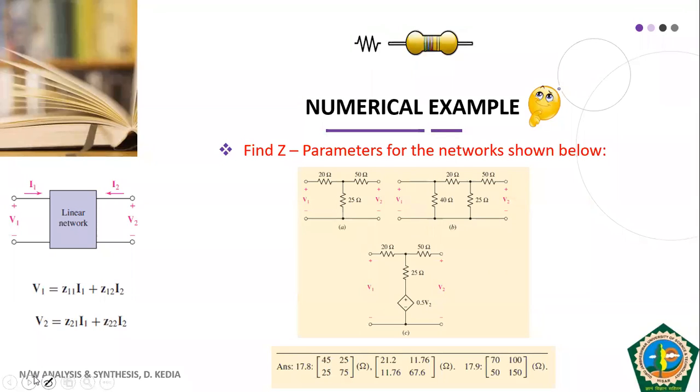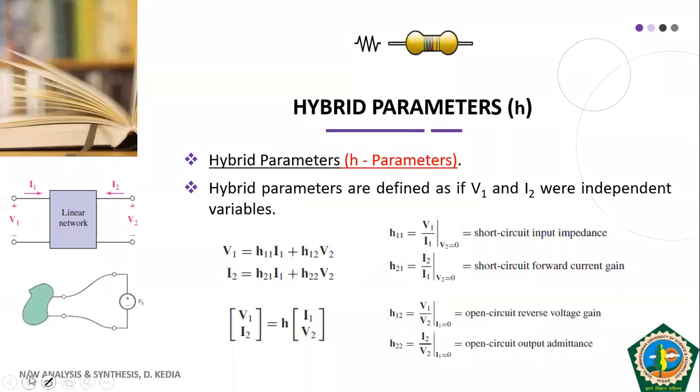The next parameters are known as hybrid parameters, that is H parameters. You may not have heard of that term. Out of all the four parameters that we will be studying, H parameter is the most important one. So we will discuss these H parameters in the next class.